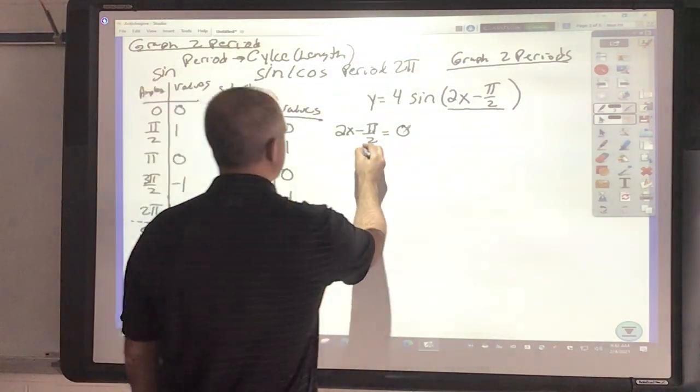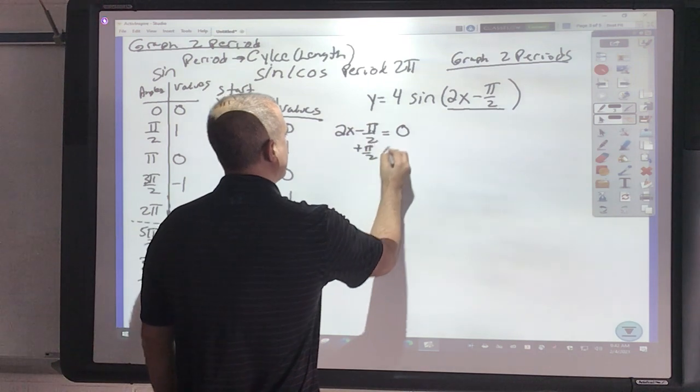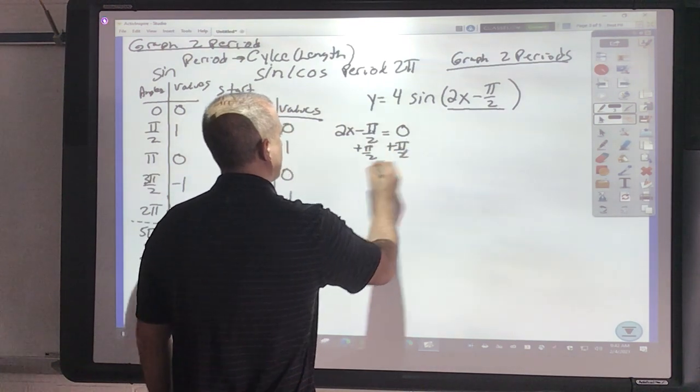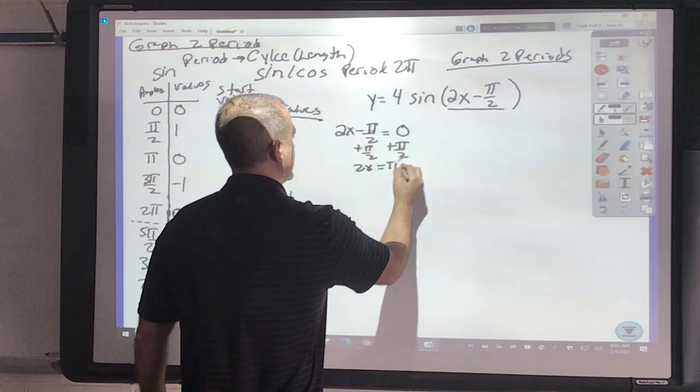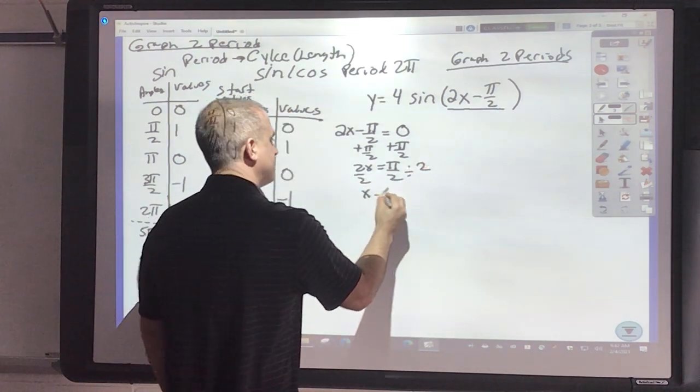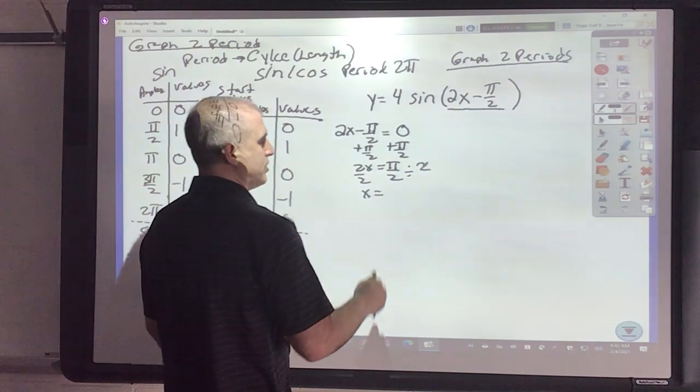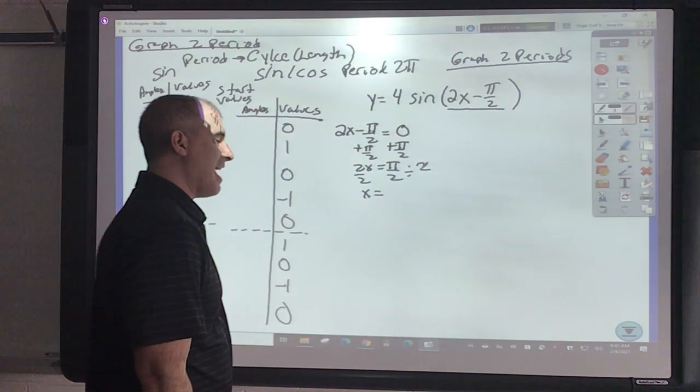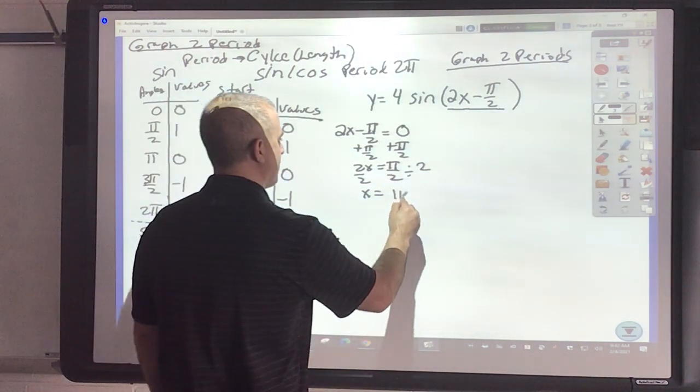So what I would do is add pi over 2 to both sides. That's 2x equals pi over 2. And then I would divide each side by 2, so x equals pi over 2 divided by 2. You've got to think about flipping that. It's going to be pi over 4.